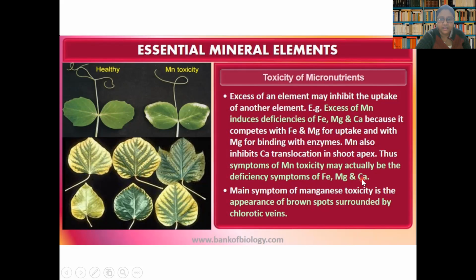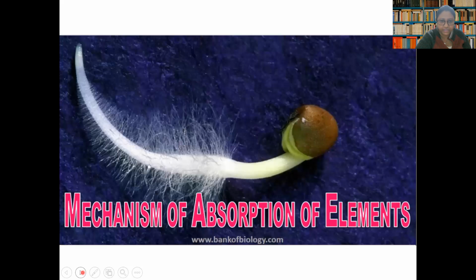So that's why it's appearing as whitening of the leaf, and many a times brown spots are also found around the chlorotic veins.